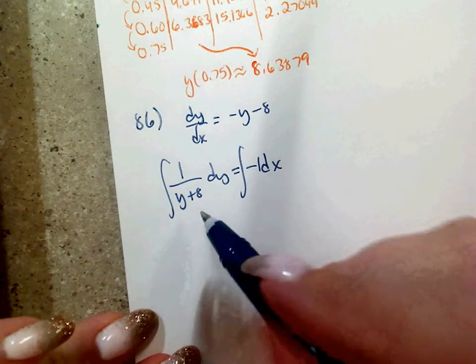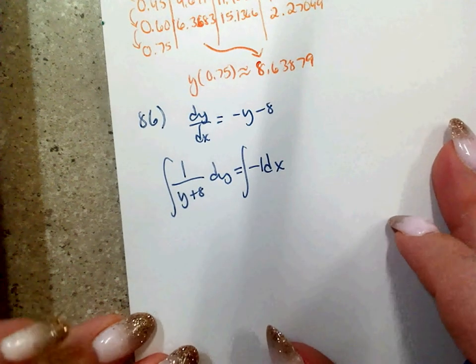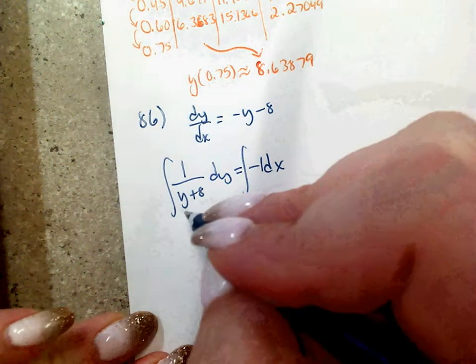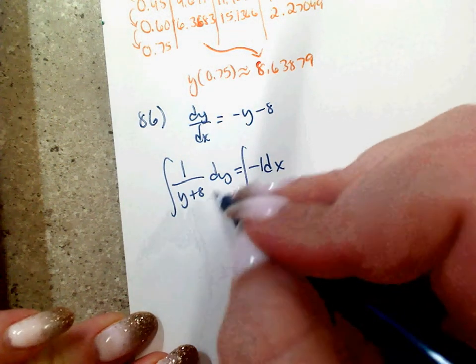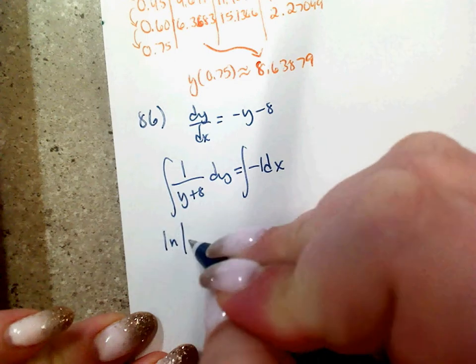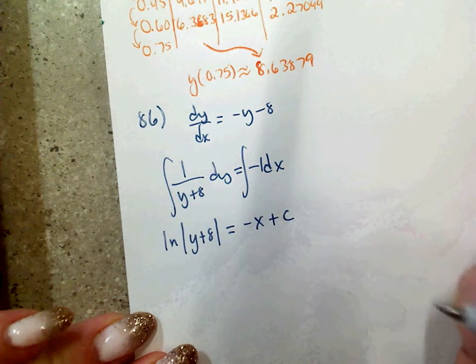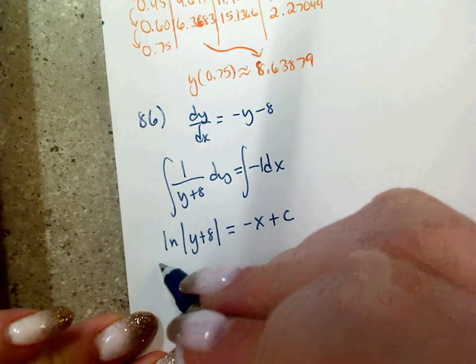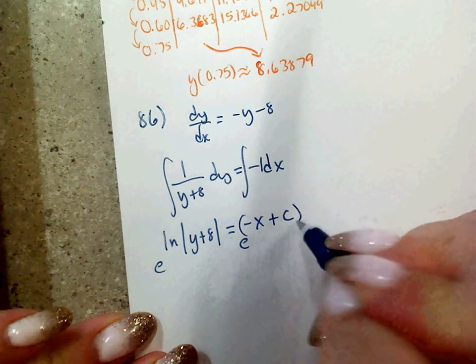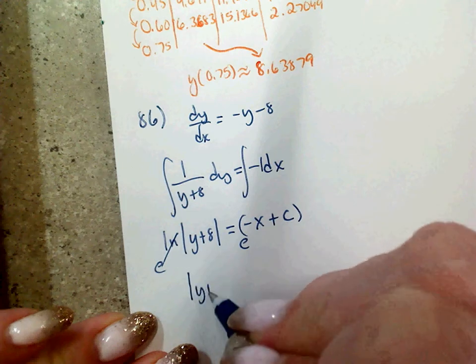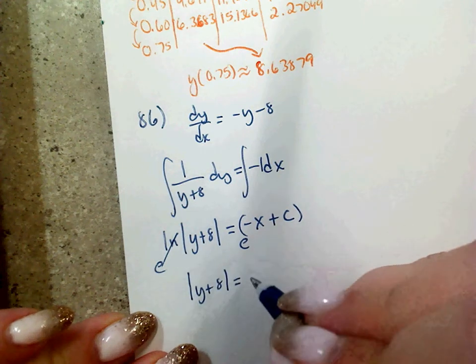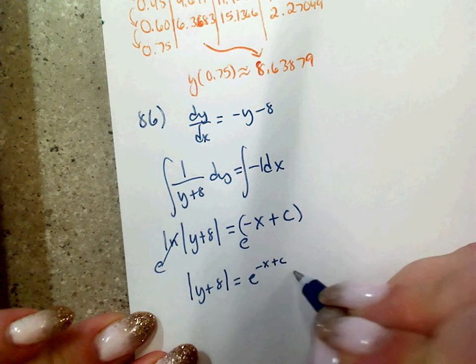So it's really just the integral of 1 over u, which is natural log of the absolute value of u, which is y plus 8. Natural log of the absolute value of y plus 8 equals negative x plus c. I'm supposed to solve, so I'm going to raise both sides to the power of e. Absolute value of y plus 8 equals e to the negative x plus c. That's e to the negative x times e to the c, which is just another c.